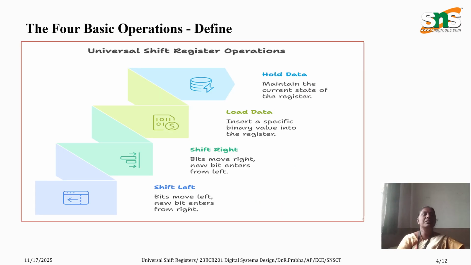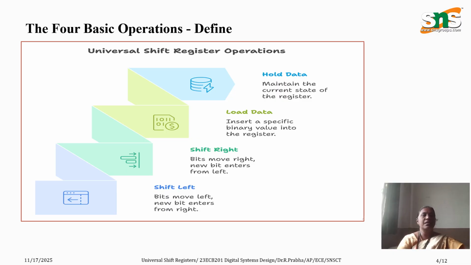The four basic operations of the universal shift register are: one is holding data. In this operation, the data is maintained with the current state of the register. Next is loading data. Here parallel loading is possible with the help of universal shift registers. And shifting data is used: either we can shift the data to the left side or the right side.